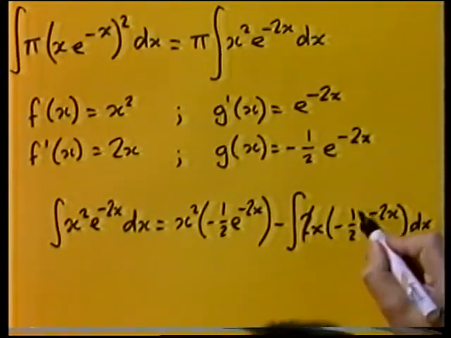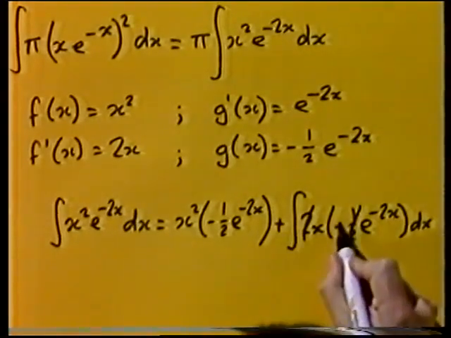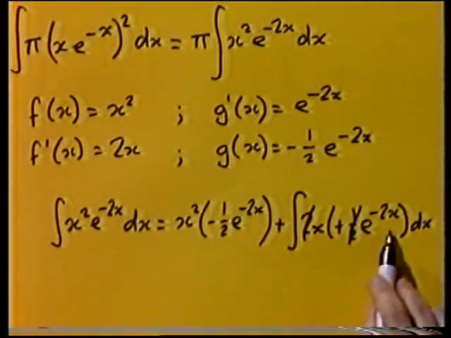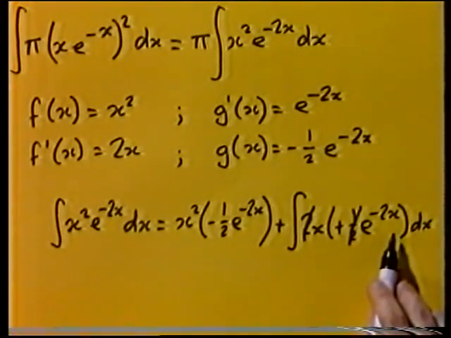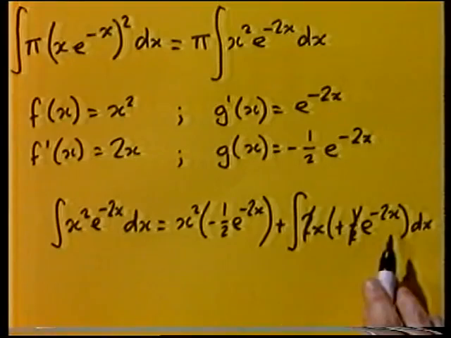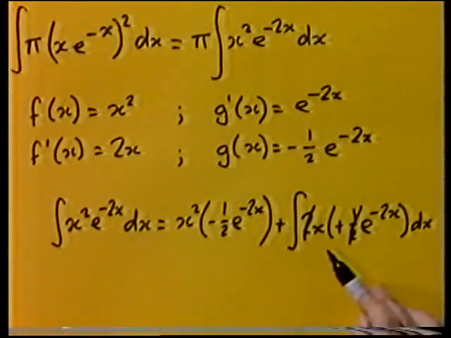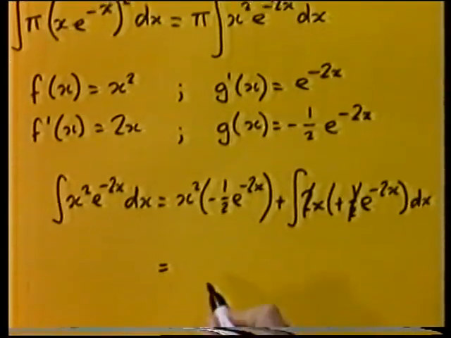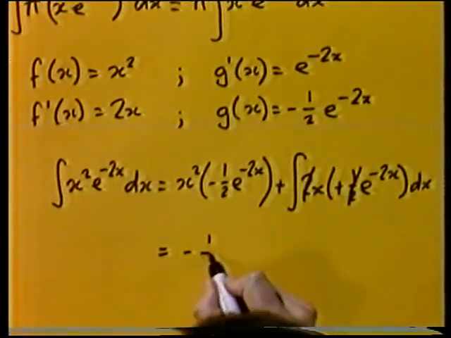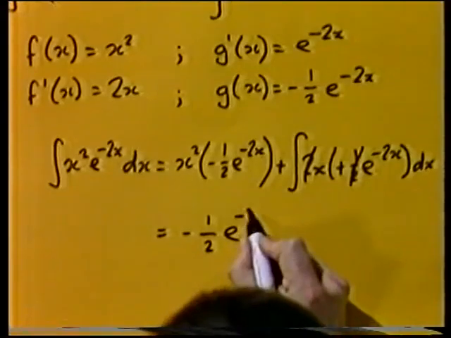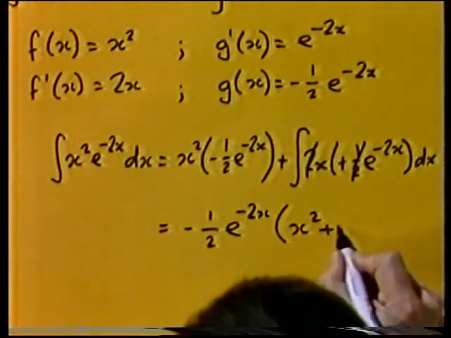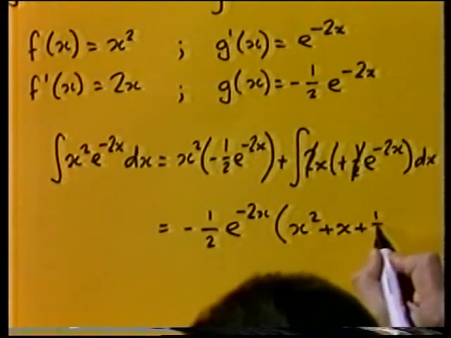The 2's cancel, and there are 2 minuses. So this is just the integral of x e to the minus 2x. And that's even more like our area integral, so we can use parts again. I'm not going to go through that calculation, but if you did it, you'd finally end up with minus a half e to the minus 2x times x squared plus x plus a half.